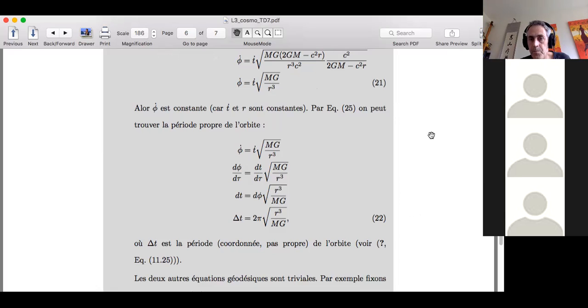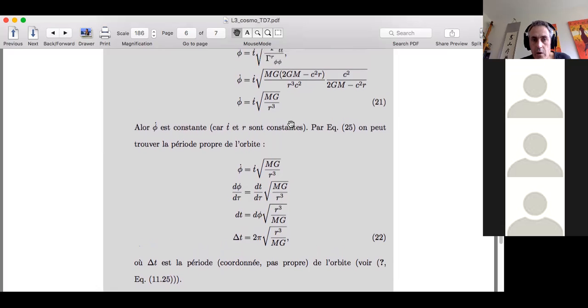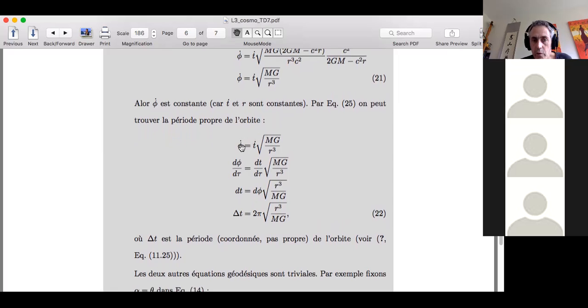Okay. I hope you've had a chance to look at this. Now we can just sort of return to the definition of what phi dot and t dot are. They're the derivatives of these coordinates with respect to the proper time. And then we can, if you like, if the mathematicians aren't listening, we can just multiply by d tau, right? But if they are listening, then we better do an integral with respect to proper time, I suppose.